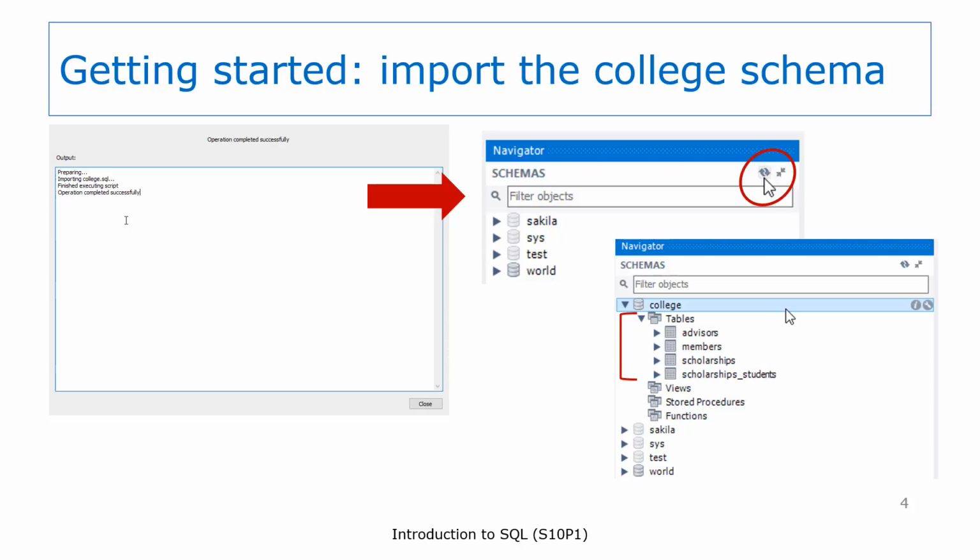Now go to the navigator as shown on the right. Click the refresh icon, which is circled on the top right on this slide. When you refresh the schemas list, you should now see the college schema. You can expand it to see the tables that are in the schema as shown in the figure on the bottom right.